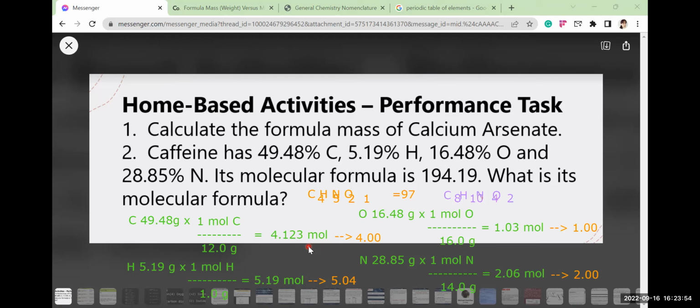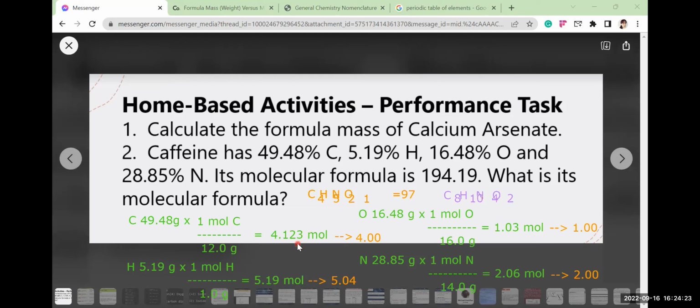Ulit. Di ba, ang unang step, kinuha mo muna yung moles. Yung moles, from the grams, dinivide mo siya sa molar mass. Tapos nakuha mo yung moles. Anong susunod na step? Hindi tayo nag-multiply dito.